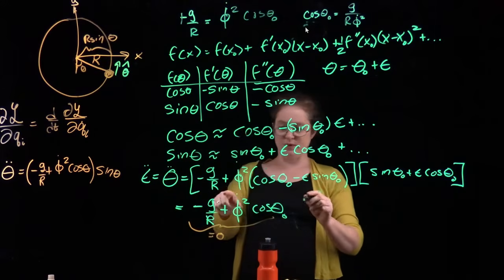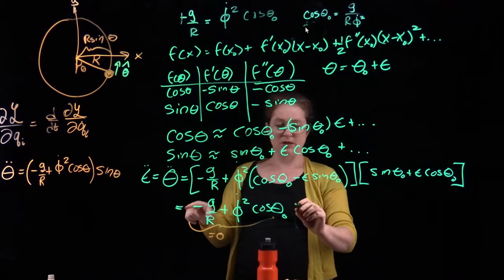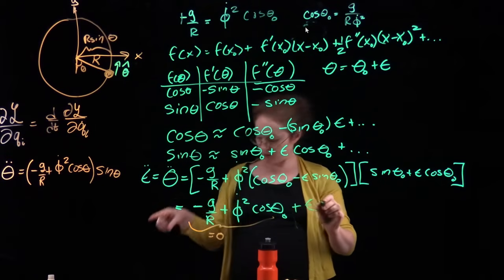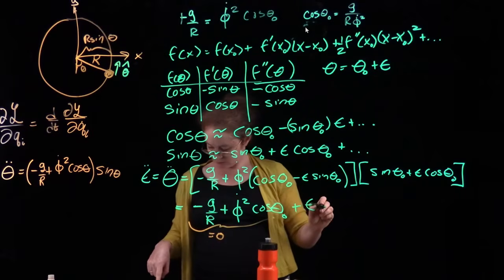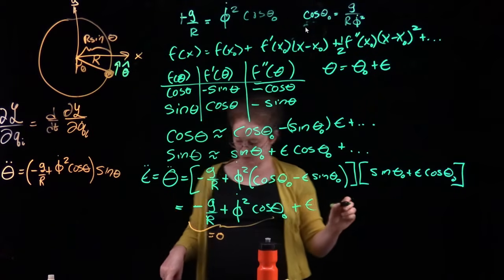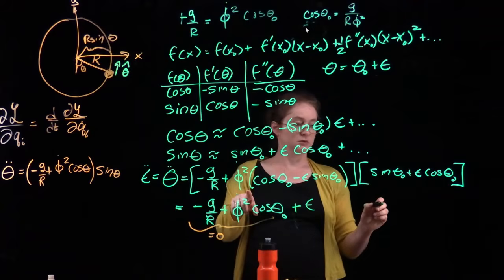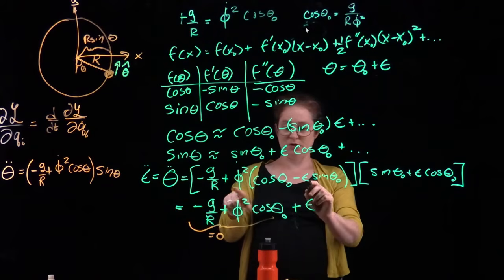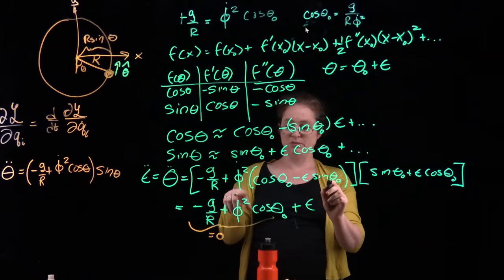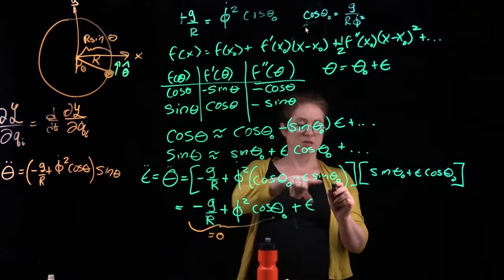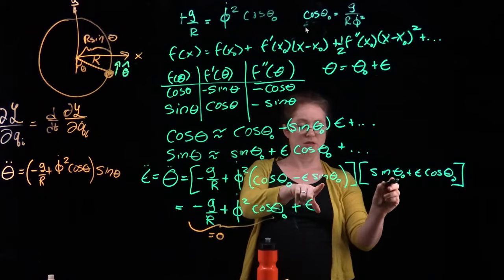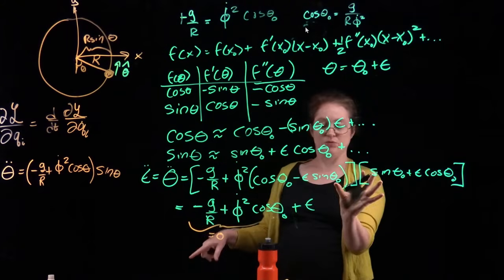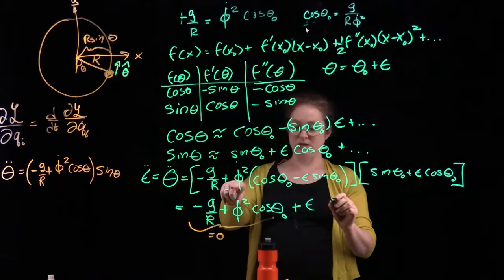And then we get a plus epsilon, and here I get this term times the sine squared term, because I need order 1 in epsilon.